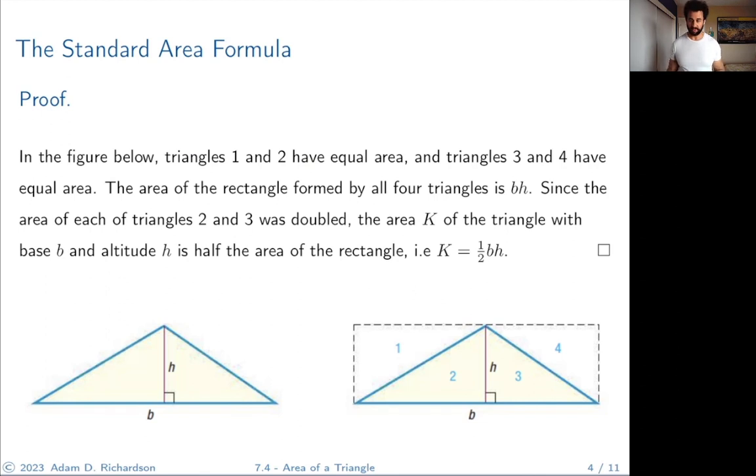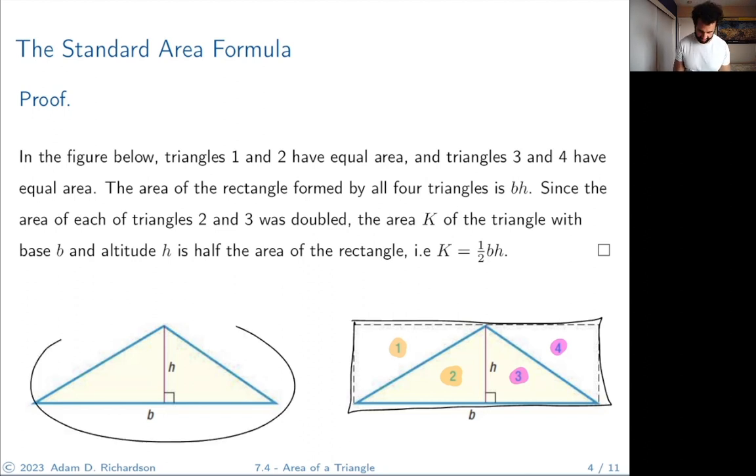In the figure below, triangles 1 and 2 have equal area. So this triangle and this triangle have the same area. And triangles 3 and 4 have the same area. So this triangle and this triangle both have the same area. Now, the area of the rectangle that's formed by all 4 of those triangles is b times h, right?